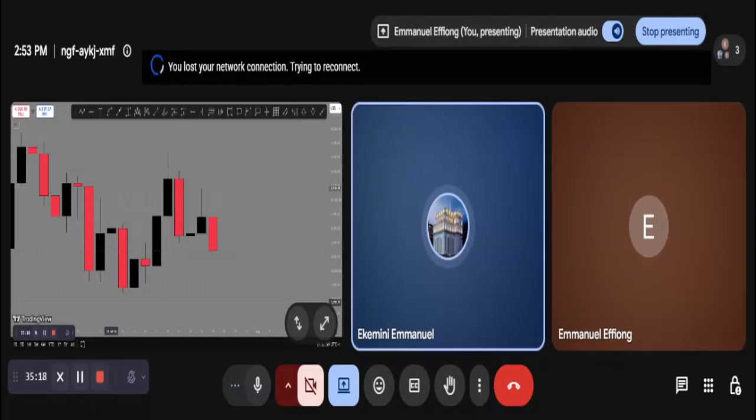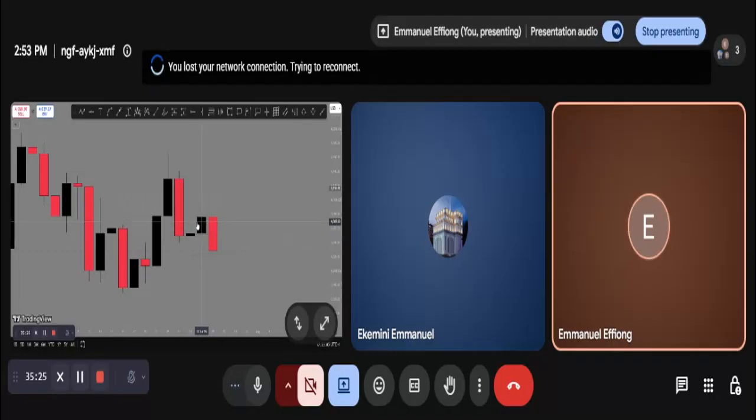From the day before yesterday, yesterday and today. So you don't just call a candle that is still forming. This candle is still forming.